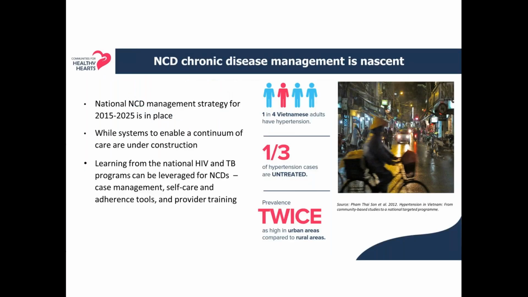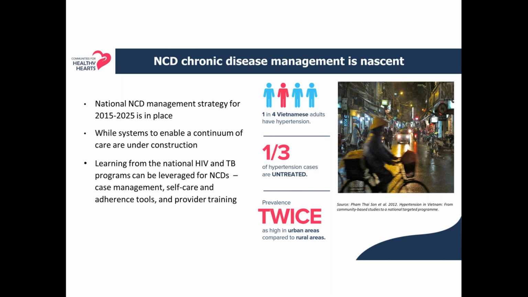As Katie talked about in her overview slides, Vietnam is very similar to other lower and middle income countries where chronic disease management for NCDs is relatively nascent. There are strong strategies and policies in place related to NCDs, but the real challenge is around the systems to enable a continuum of care.